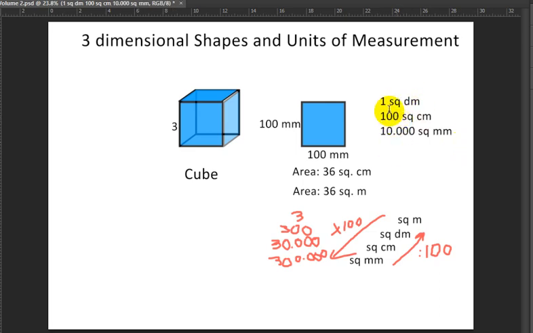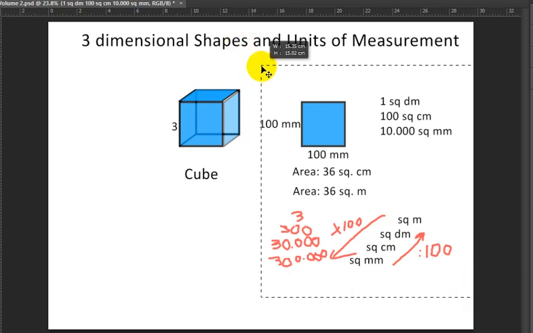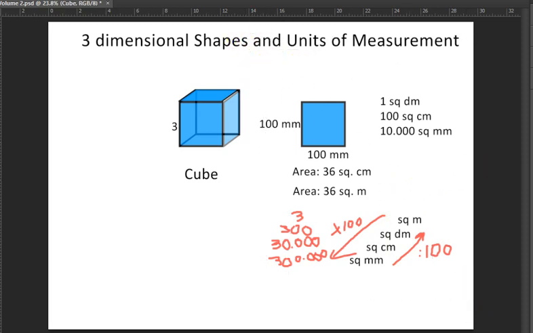So you can see again, this number was multiplied by 100 to go from square centimeters to square millimeters. Although it's one step down, we multiplied by 100. And the reverse is true as well when we're talking about division. So all that's great, but what does that have to do with volume?